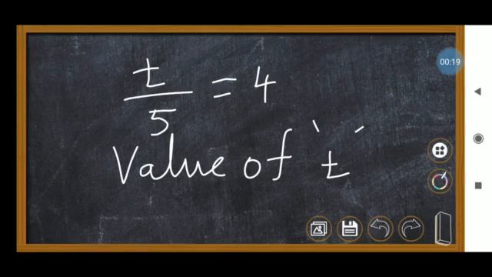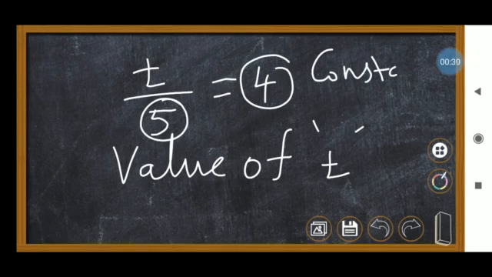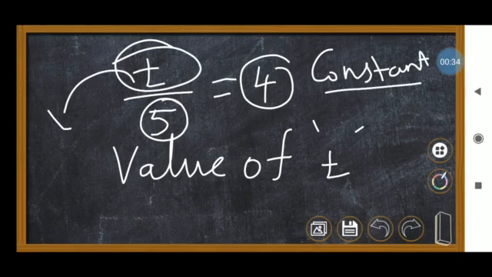As you know, t is the variable, and 5 and 4 are constants. So 5 and 4 are the constants, but what about t? t is the variable, so we have to identify the value of t.